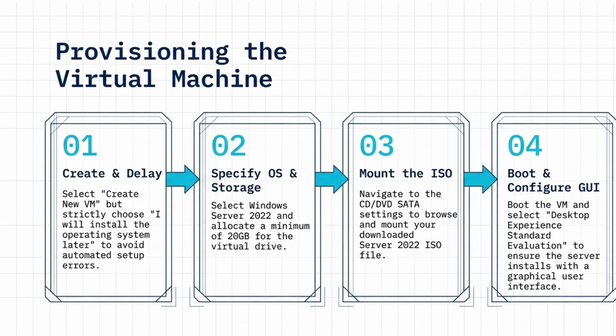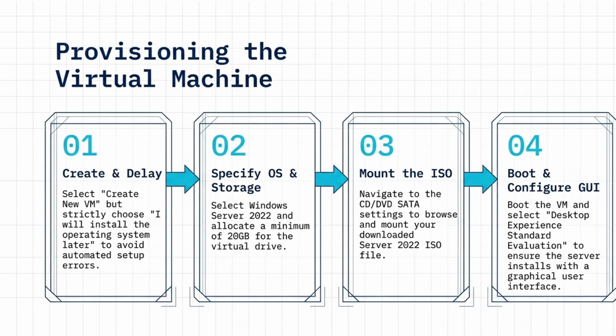When provisioning your virtual machine, you must follow four essential steps. The first one is to select and create the new virtual machine, but you choose to install the operating system later to avoid setup errors. The second step is to specify Windows Server 2022 and allocate at least 20 to 40 gig of storage depending on the host machine that you have.